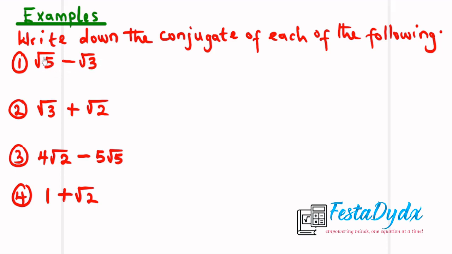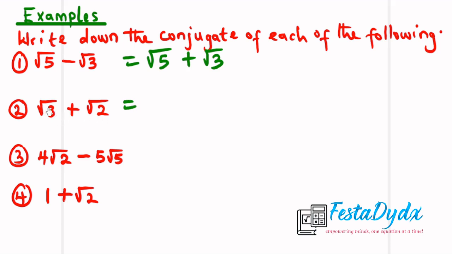So now let's look for the conjugate of these surds. For number 1, we'll have root 5 minus root 3. The conjugate will be root 5 plus root 3. For number 2, we'll have root 3 plus root 2.